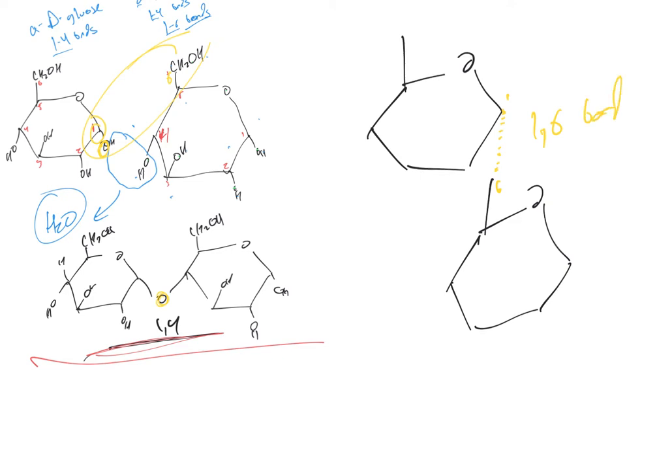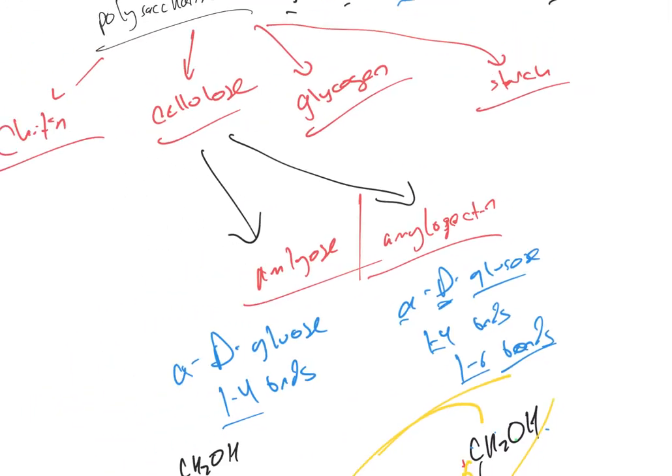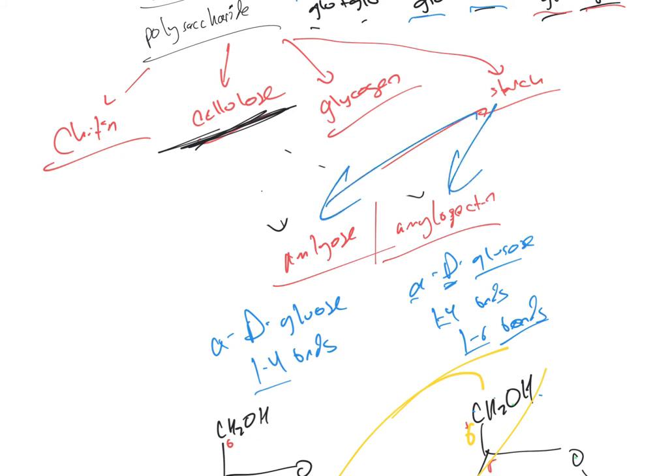Okay, so amylose, amylopectin. Shoot, oopsie, not cellulose, amylose, amylopectin. Too bad I can't fix that. Amylose is our starch. Glycogen is completely branched.